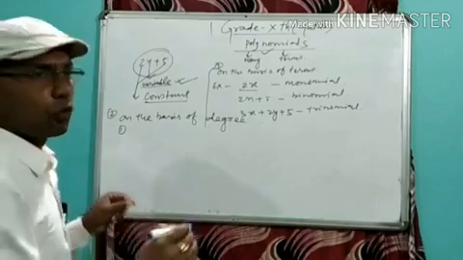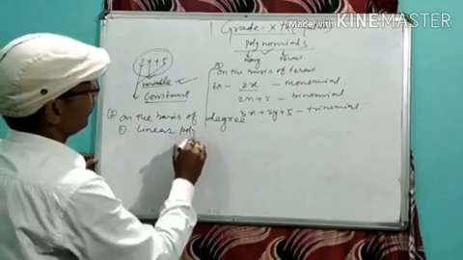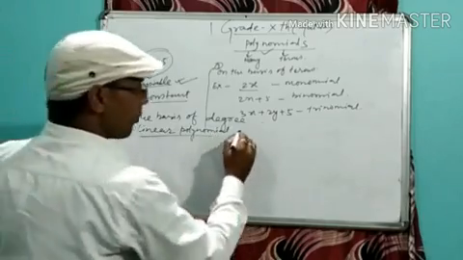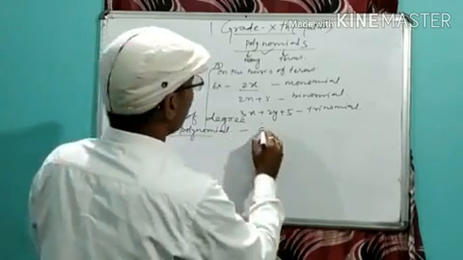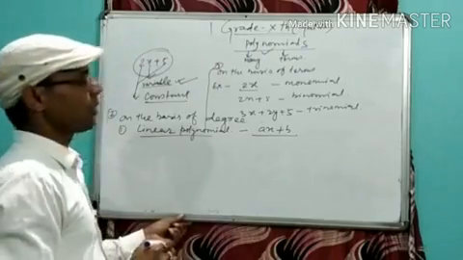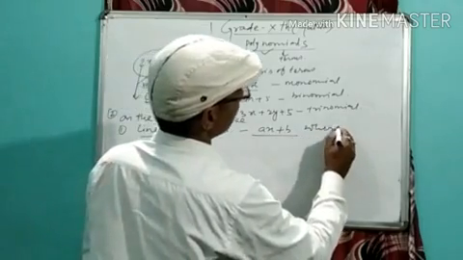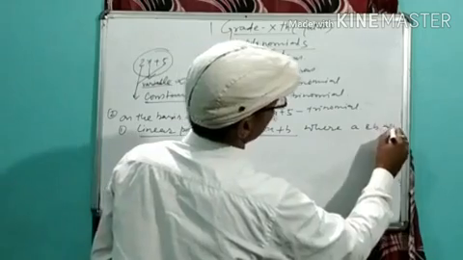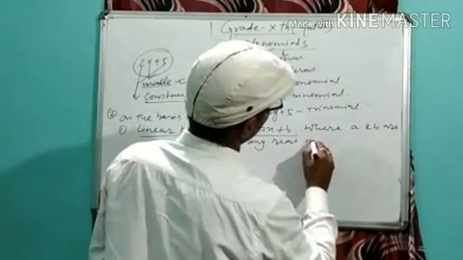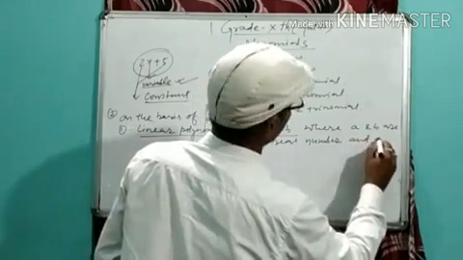the first one is a linear polynomial. The standard form of a linear polynomial is ax plus b, where a and b are any real numbers and a is not equal to 0.